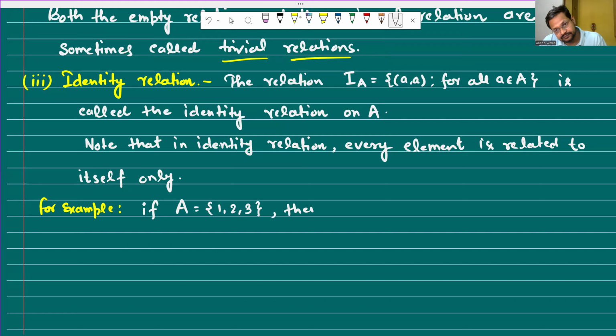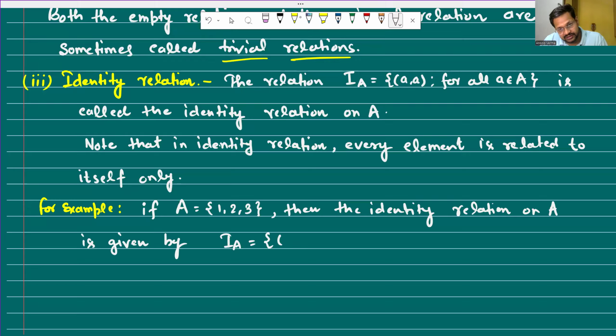Then the identity relation on A is given by the pairs (1, 1), (2, 2), and (3, 3). No other pairs will be there, only three pairs will be defined. Okay, so this is called your identity relation. Clear?